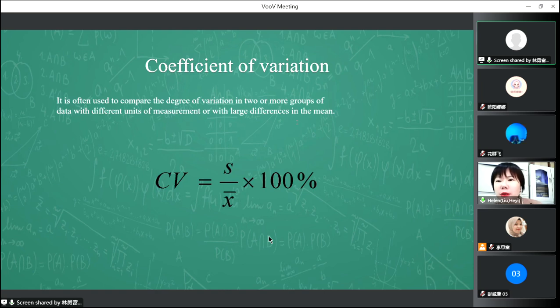Sorry, excuse me. Yes, Lause. How about the other students? I just see one slide. It's about the coefficient of variation. It's still on the coefficient of variation. Oh, really?